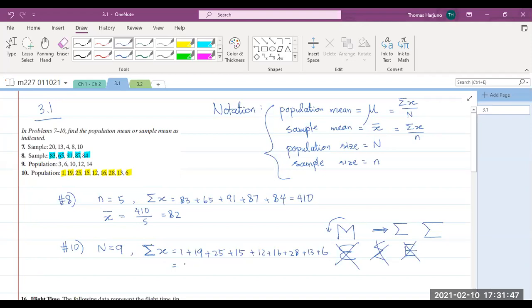The sum is 135. So population mean, the mu, is 135 over 9, which equals 15.